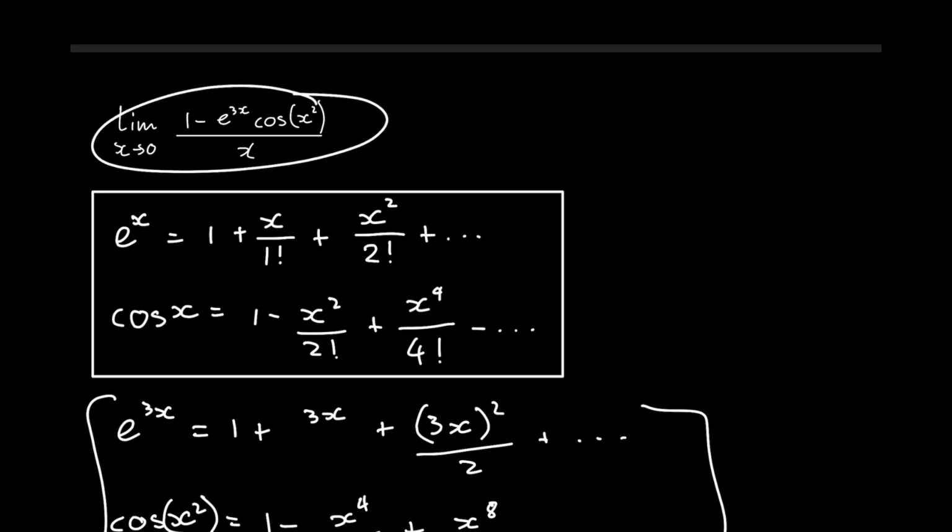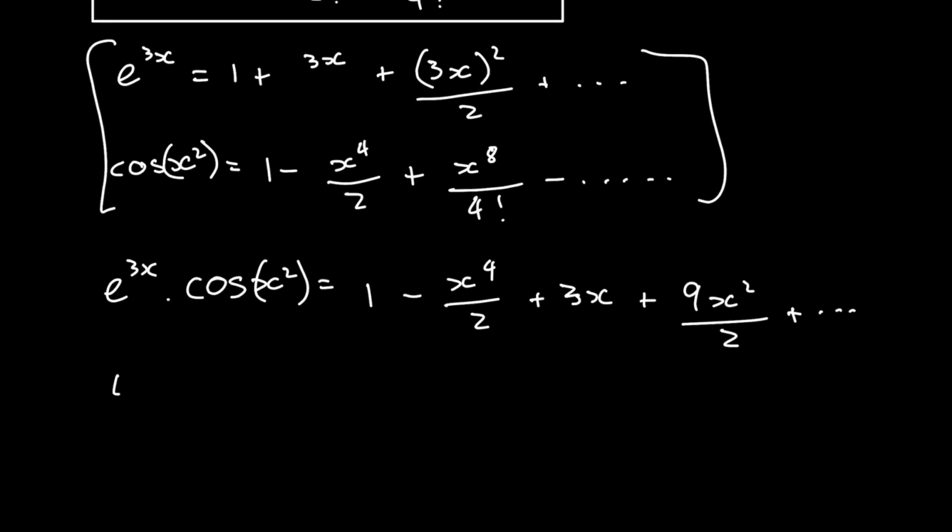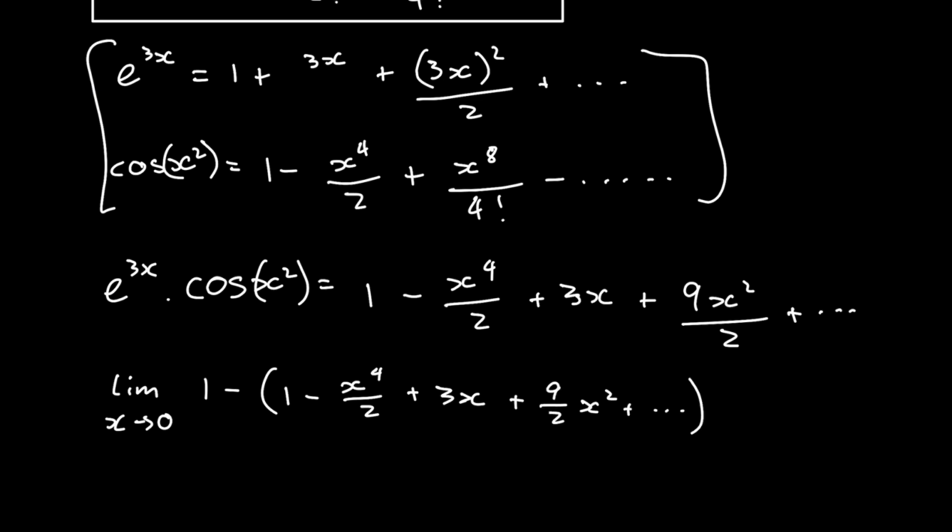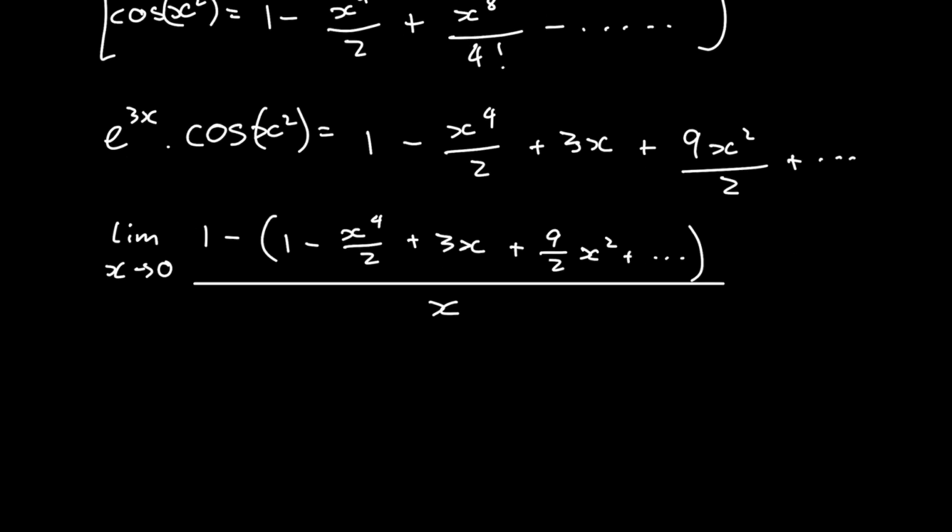So this is our limit here, and we have the limit as x approaches 0 of 1 minus e to the 3x times cos of x squared. But now we're going to substitute in that because it's equal: 1 minus x to the 4 over 2 plus 3x plus 9 over 2 x squared plus dot dot dot, all over x.